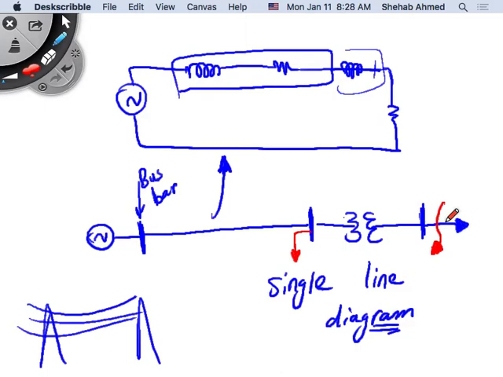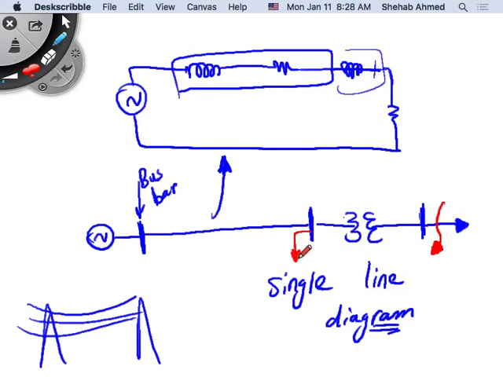Or one of the terminals of the 3 phases going into somebody's house touches the ground wire. Is that a normal case or an abnormal situation? It's an abnormal situation, right? So these abnormal situations, we have to figure out a way to detect and protect against.